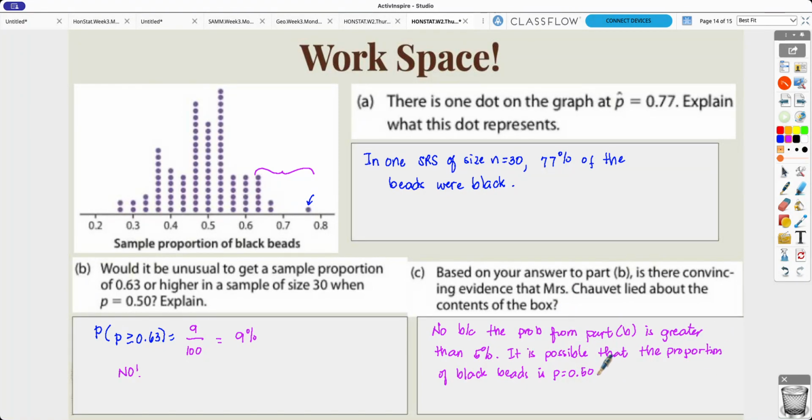And we can add that the student she selected got a sample proportion of p hat equals 0.63 by chance alone, and it is not because there are more black beads than white beads.